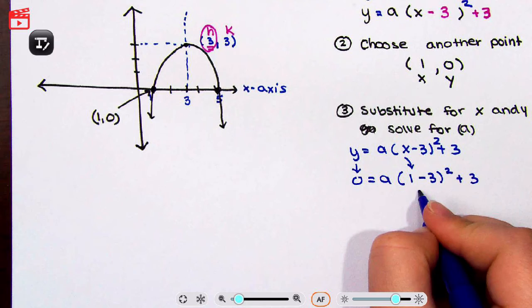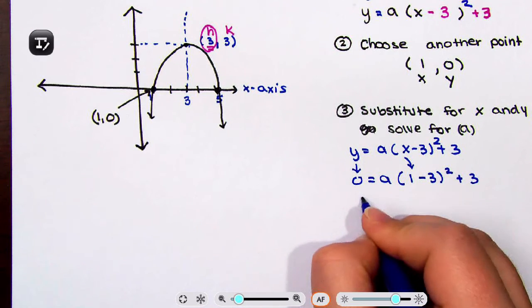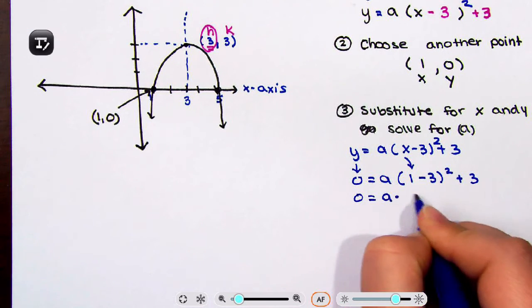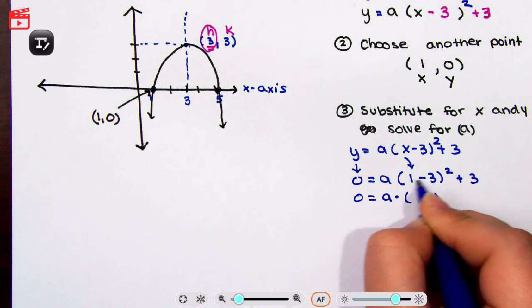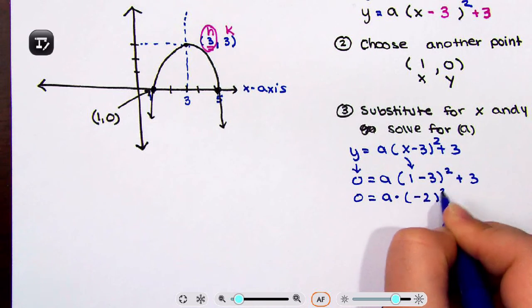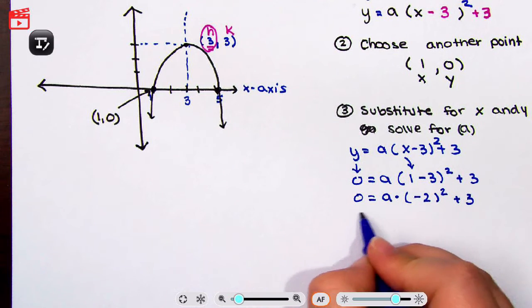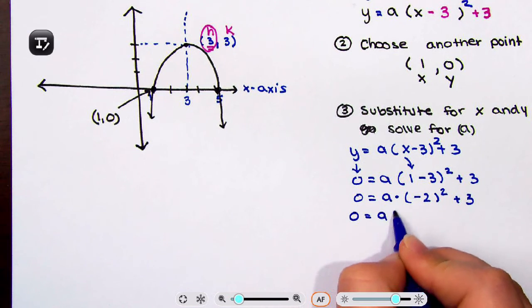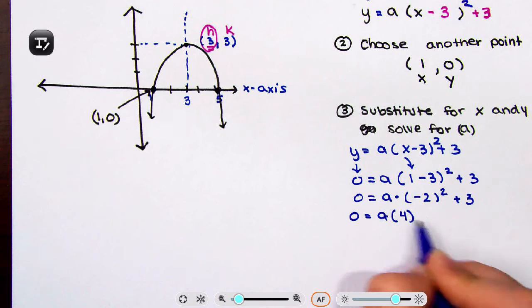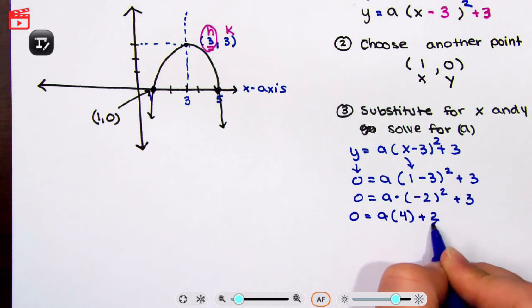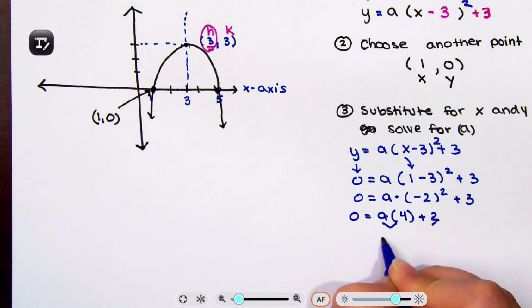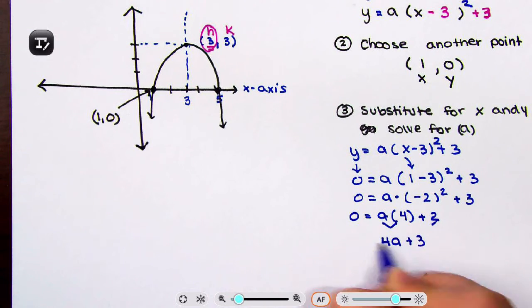So then that means I'm going to evaluate a times something squared. So 1 minus 3, that is a negative 2. Negative 2 squared is 4. 4 times a, again, don't add yet. 4 times a is 4a. We have a plus 3 here.